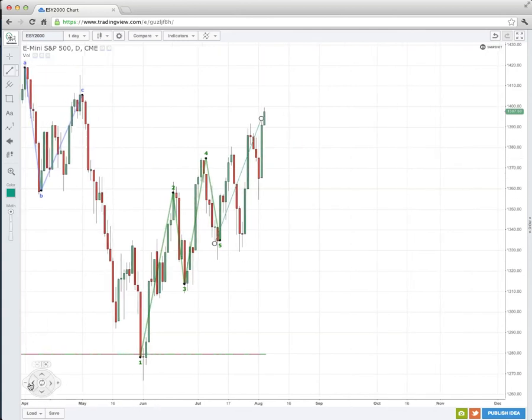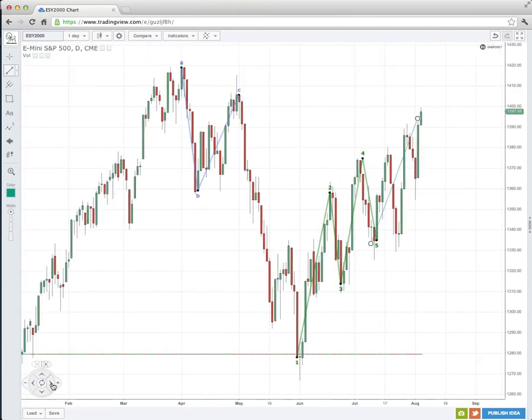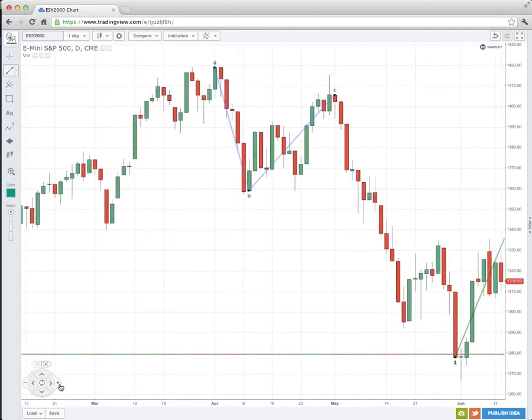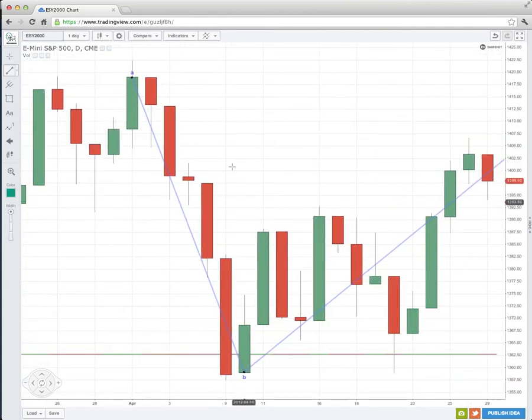Because within an Elliott wave pattern, there are always Elliott waves within that pattern, unless you're looking at, say, just little tiny few ticks.